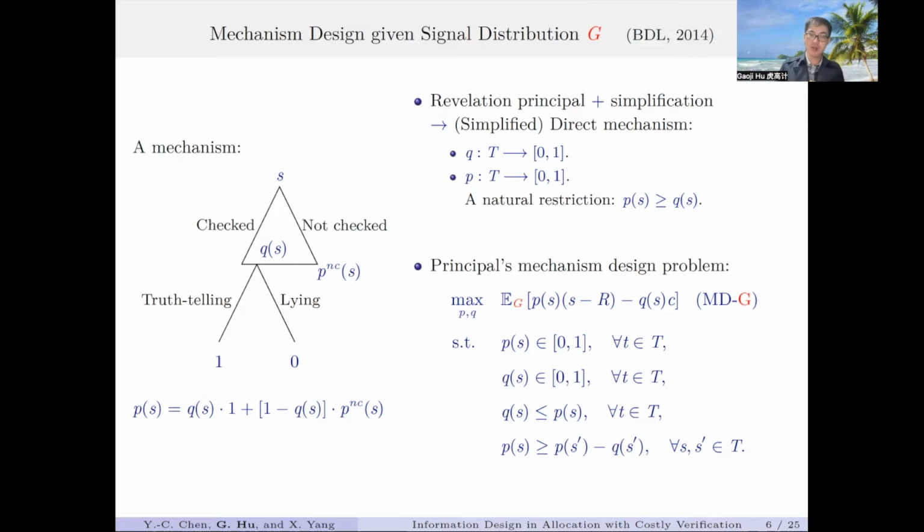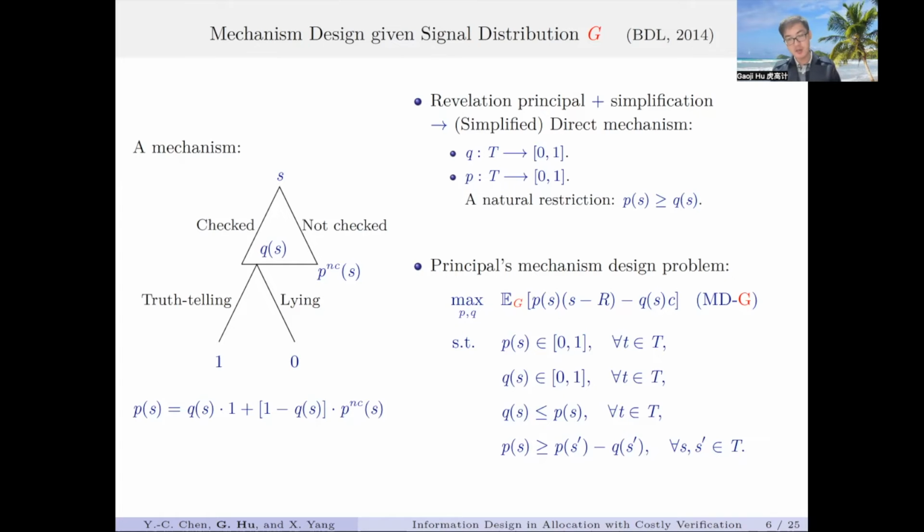Now, what's the principal's mechanism design problem? The principal chooses the 2 functions P and Q to maximize the expected payoff of allocation. And the expectation is taken using the distribution G. Okay, look at the objective function. The first part is the allocation payoff. And the second part is the checking cost paid.